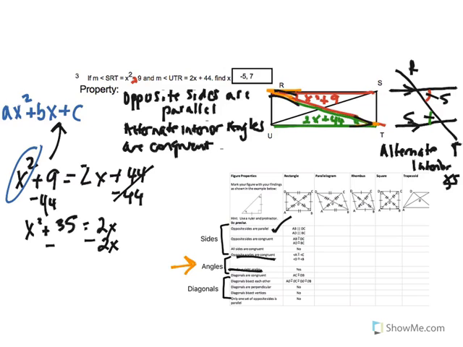Let's move this 2x over here. And we get x squared minus 2x. Wait, hold the phone. This needs to be a negative. Okay, x squared minus 2x minus 35.